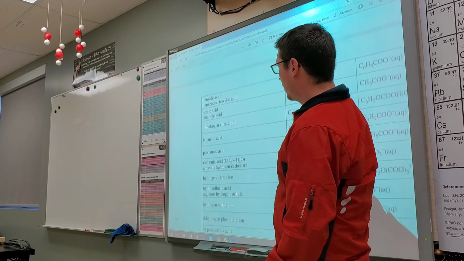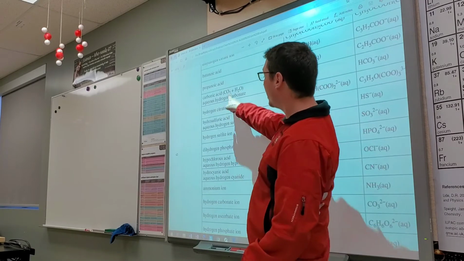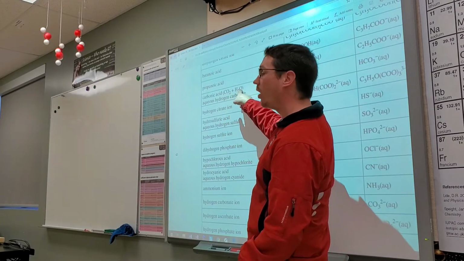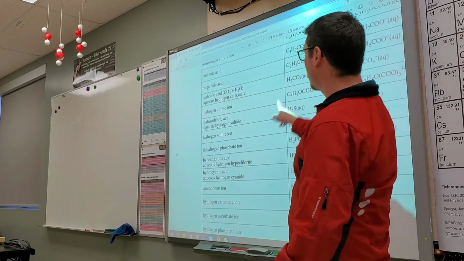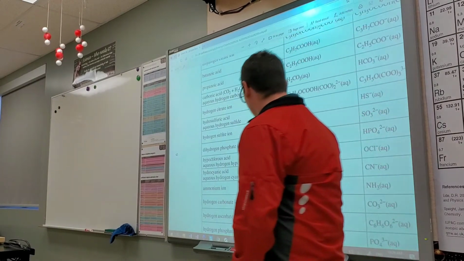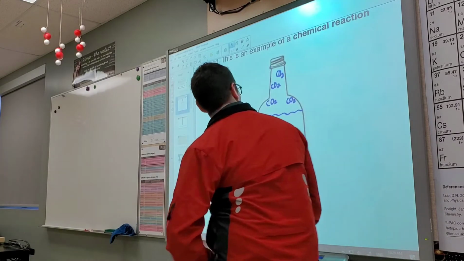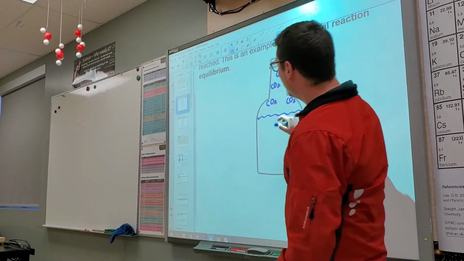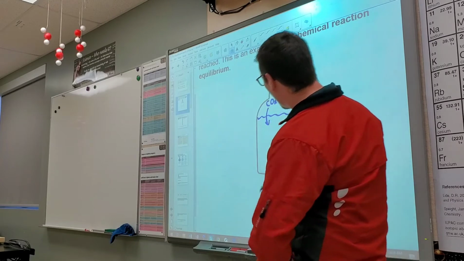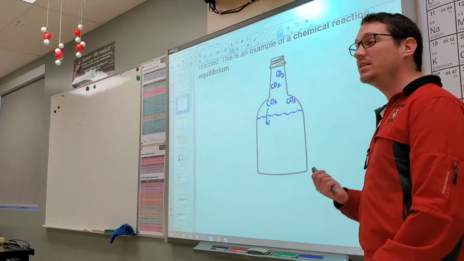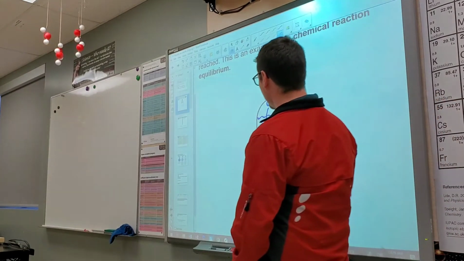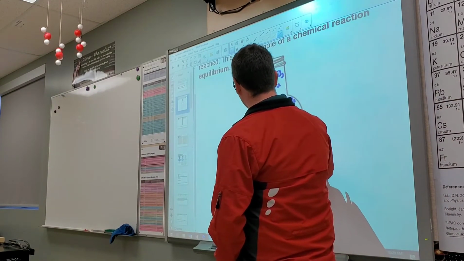Yeah. The carbonic acid. Carbonic acid is carbon dioxide and water mixed together. When they mix together, they react to make carbonic acid. And so what we have inside our bottle is as soon as the carbon dioxide dissolves, it doesn't necessarily dissolve as carbon dioxide, it turns into carbonic acid.